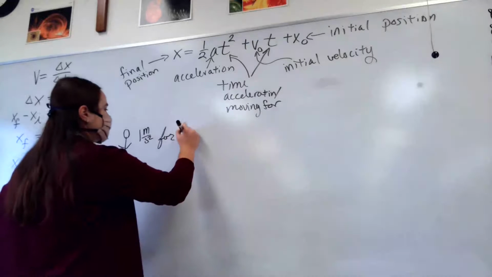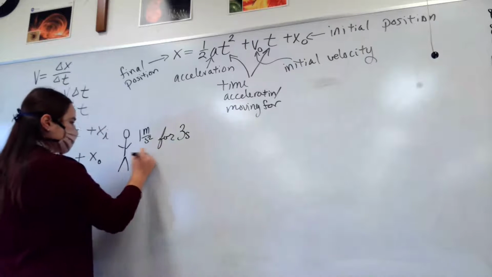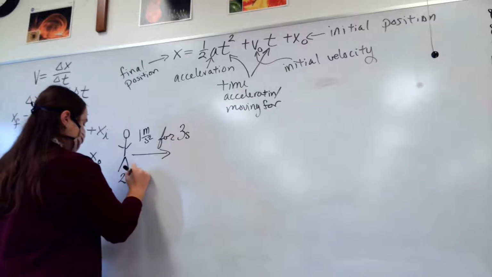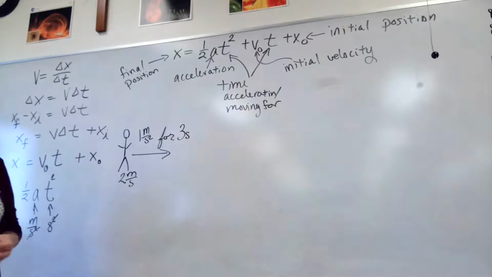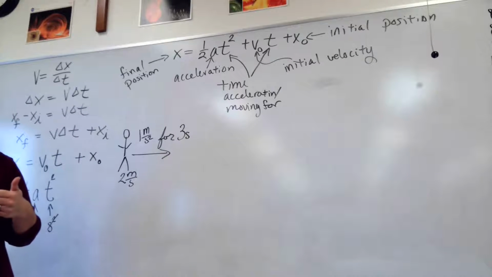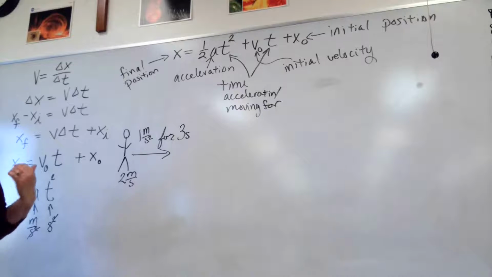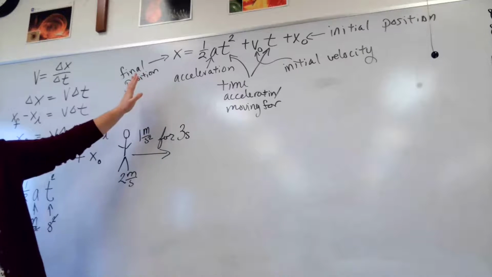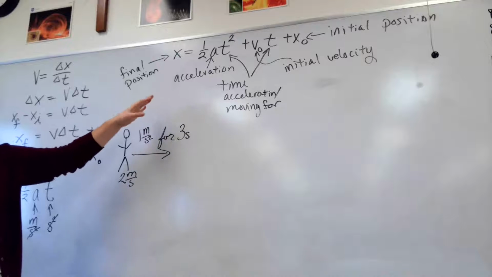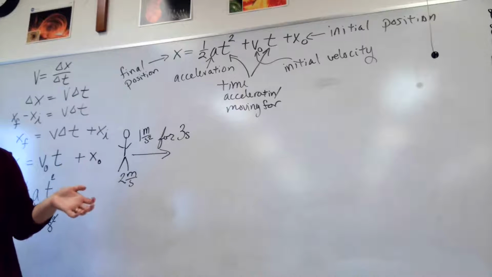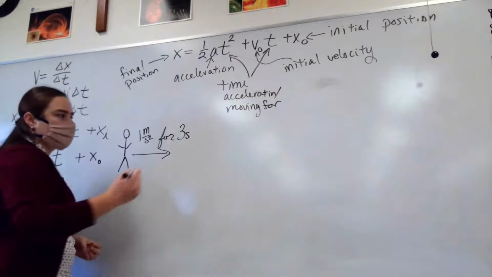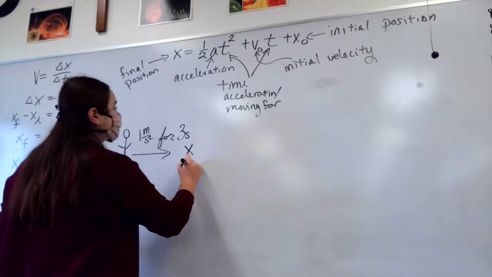And then he had an initial velocity of 2 meters per second. Good? Okay. So on this equation, because it's so long and has so many variables, sometimes people actually like to make a list of their variables. So I want to show you how to do that.